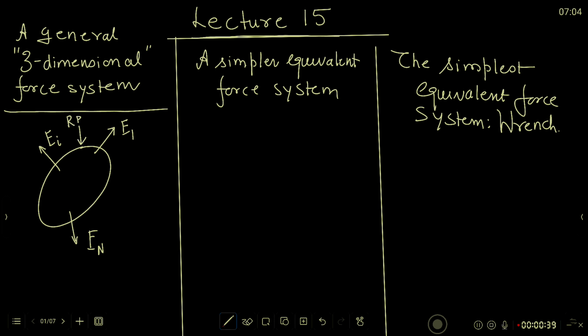The rigid body is M. There are several torques acting as well on the body, and these torques I represent by these double-sided arrows.